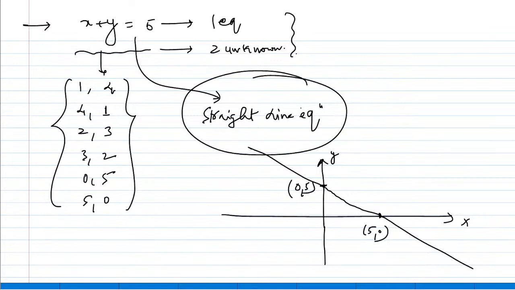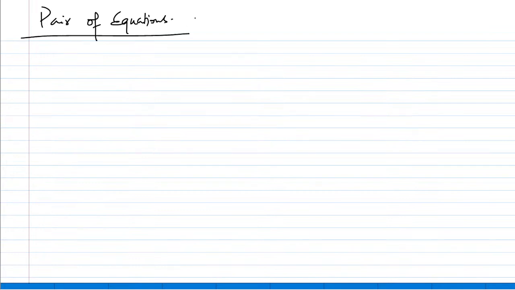Now we will go for a pair of equations. A pair of equations means two equations. We are starting from the very basics.